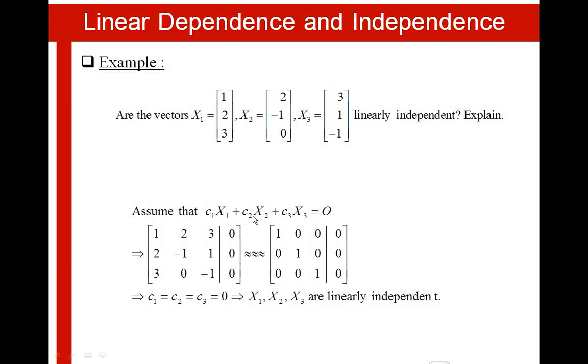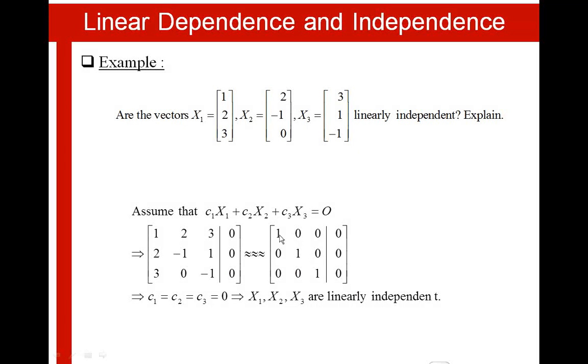Assume that c1 x1 plus c2 x2 plus c3 x3 is equal to 0, where c1, c2 and c3 belong to R. If we multiply these scalar values by the values of the vectors here, we will have, as we have seen before in the previous page, a system of equations for which we can create the following augmented matrix, and then we can do the row reduction to obtain this matrix here.